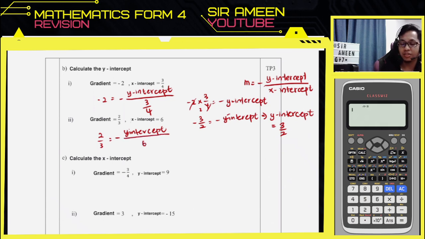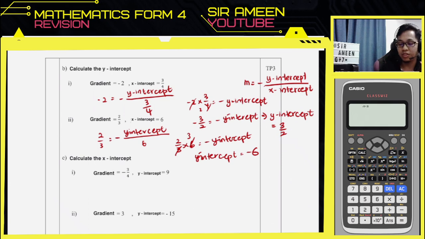Since the X-intercept is 6, we need to multiply 2 over 3 with 6. So 2 over 3 times 6 equal to negative Y-intercept. Remove the negative. This one would be 2 times 3 is 6, so the Y-intercept would be equal to negative 6.